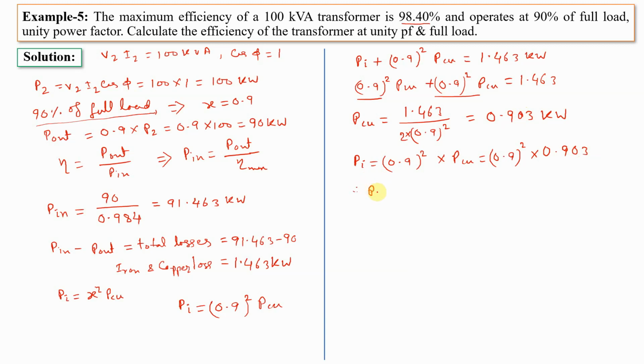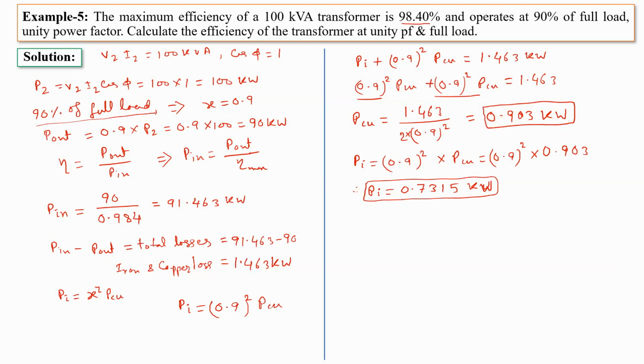So the value of iron loss will be 0.7315 kilowatt. This is the total iron loss of the transformer, and this is the total copper loss of the transformer at rated condition.